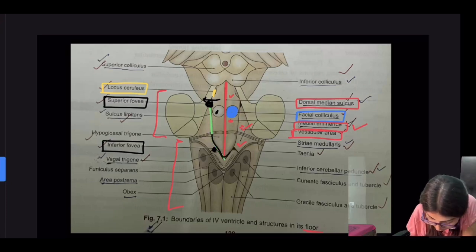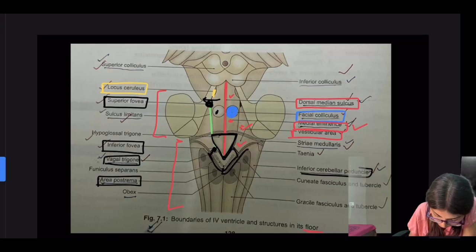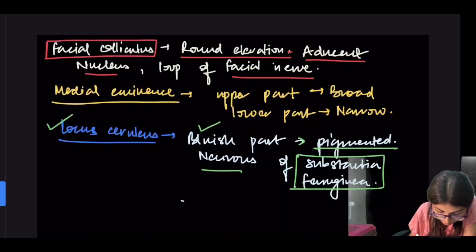This is the hypoglossal triangle, and this is our vagal triangle. Apex is downward and base is upward. The area present between the lower part of the vagal trigone and the inferior cerebellar peduncle is the area postrema.